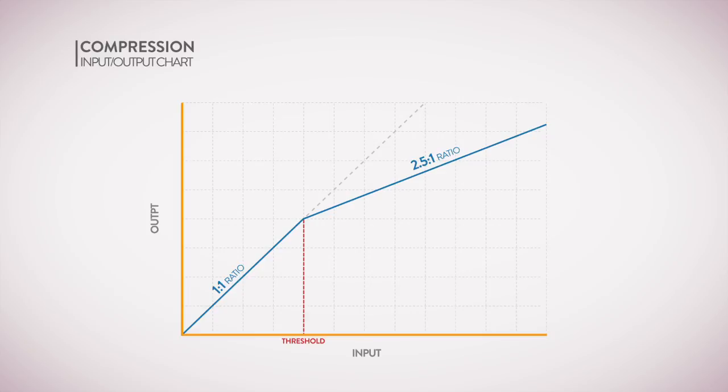If you look at the two curves we have drawn on the graphic, the linear 1 to 1 range, and we have imposed over the top of that, at the threshold point, the new world of 2.5 to 1. If this process were to continue without compression, beyond the threshold we would just continue up the straight line of 1 to 1. However, because we have implemented a compressor, we have changed to the world of 2.5 to 1.